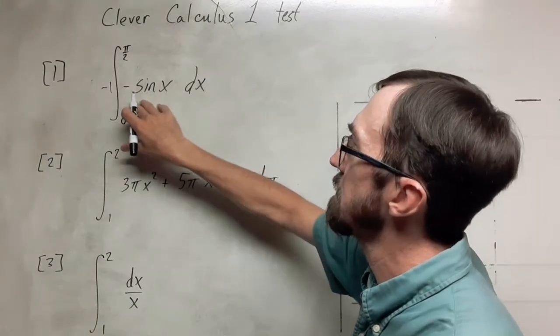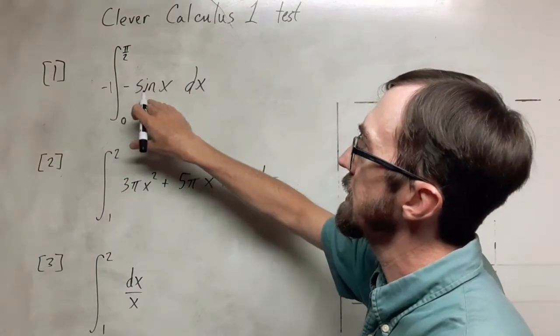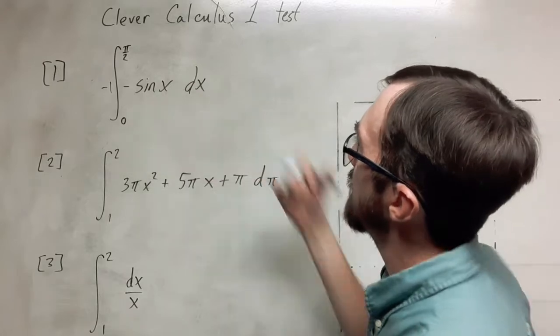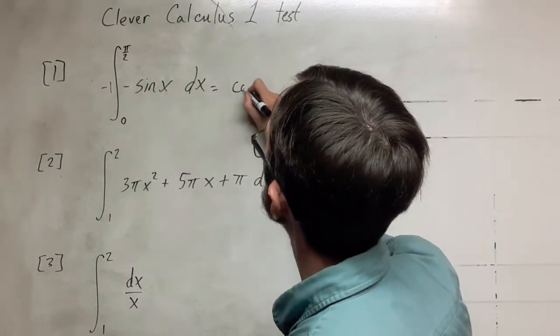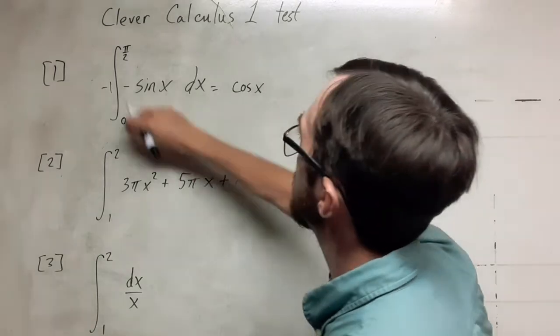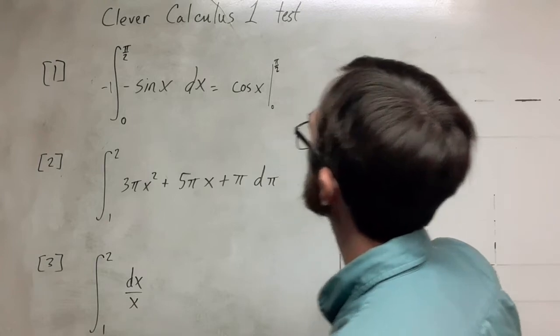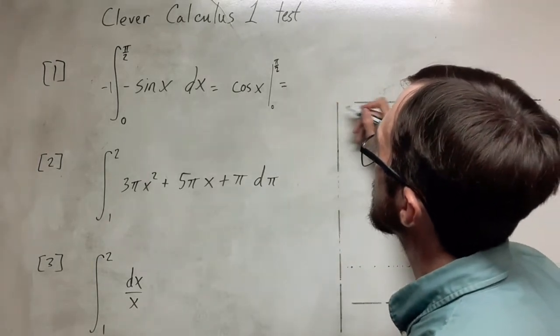If it had been in here, we split this into two -1s. We pass one through the integrand, we leave the other one out here, and then we can come up with our antiderivative. Then we'll evaluate from 0 to pi halves, and we can work that out from here.